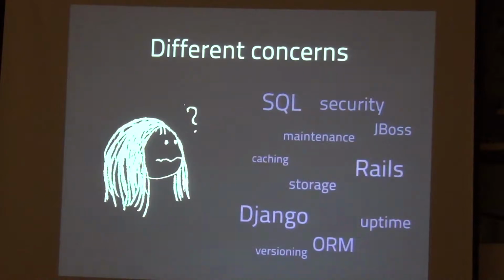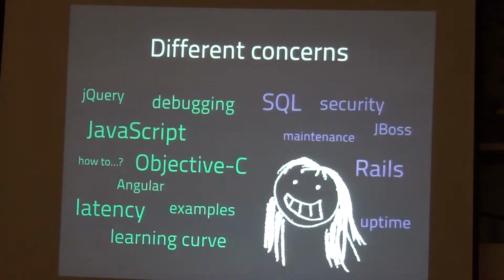I care about versioning and so on. But Valentina, well, she doesn't care about this because she cares about examples and a learning curve and about these things. She wants to grab the data from the API, put it into her Angular app, and then if it doesn't work, she wants to debug it. And that's it.